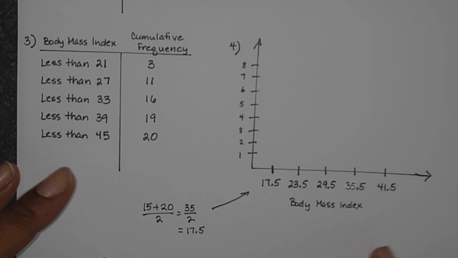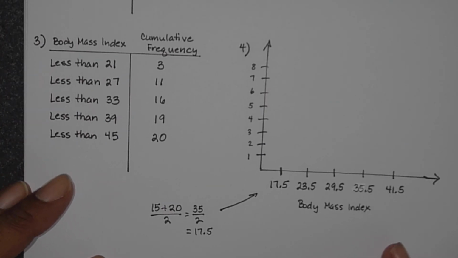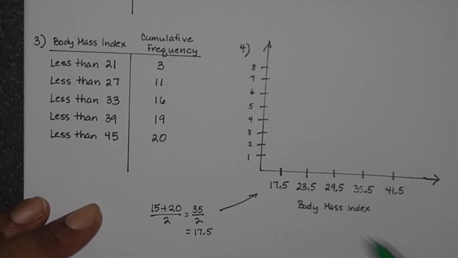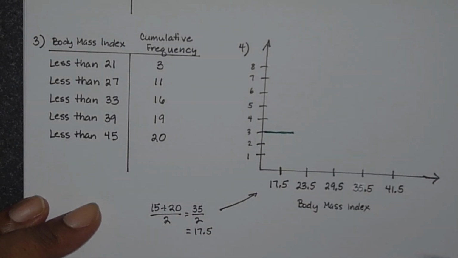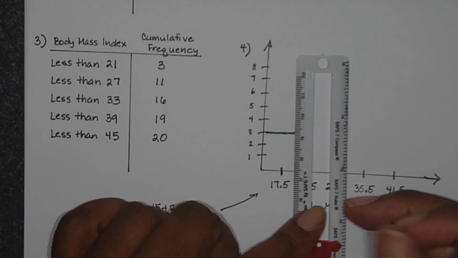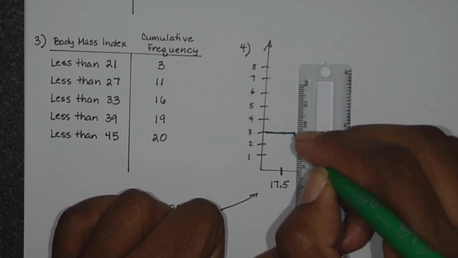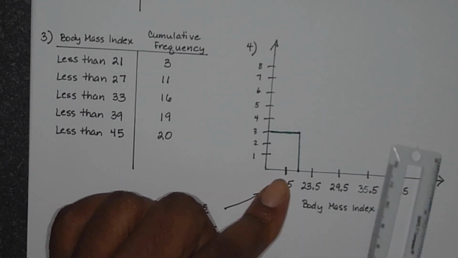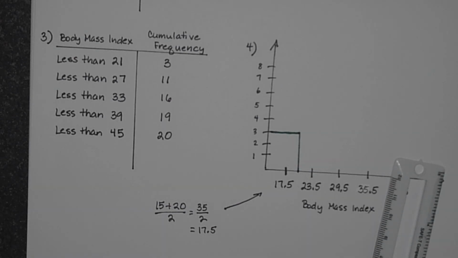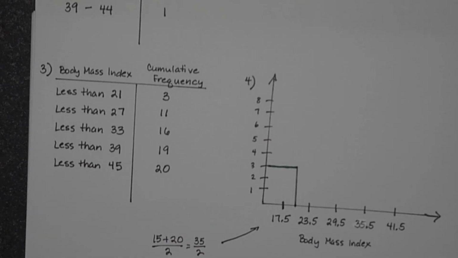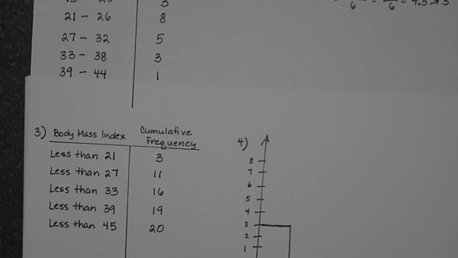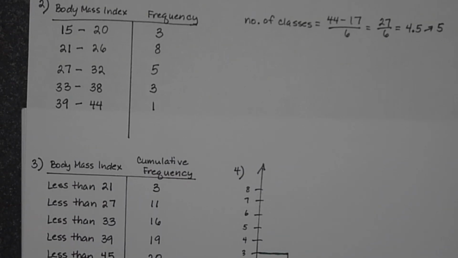So we're going to be drawing a vertical bar at 3, which would be right here. And we're going to try to have the mark at the center of that bar, like this. And then 23.5 is for 21 to 26. That frequency there is 8.